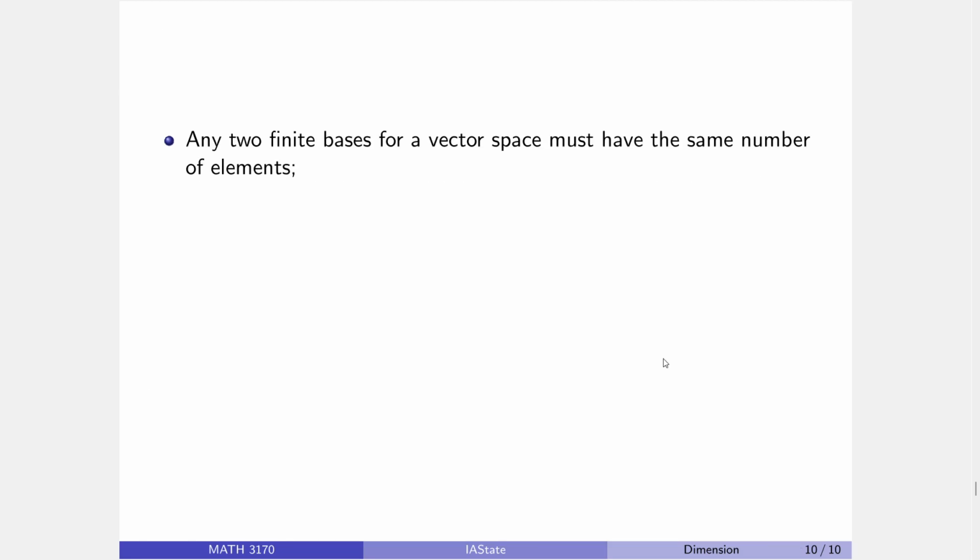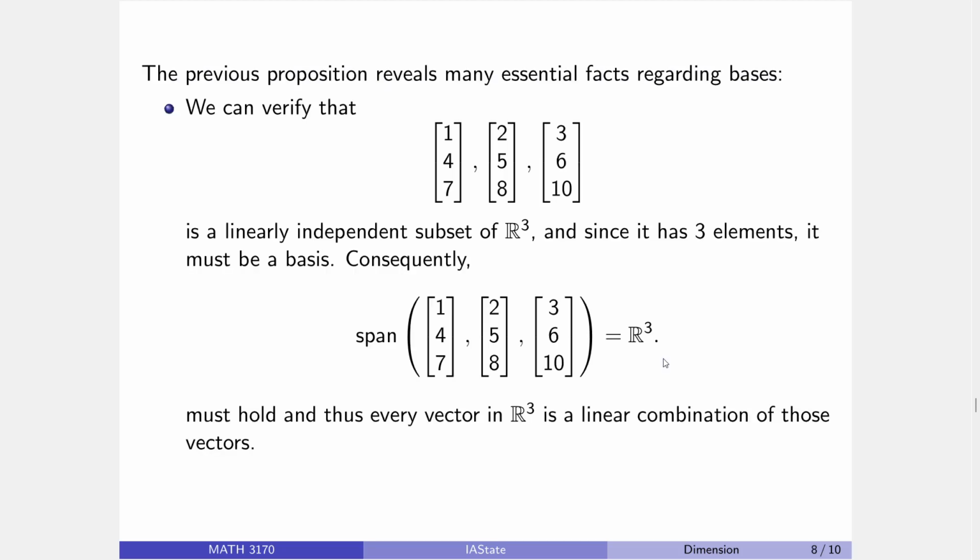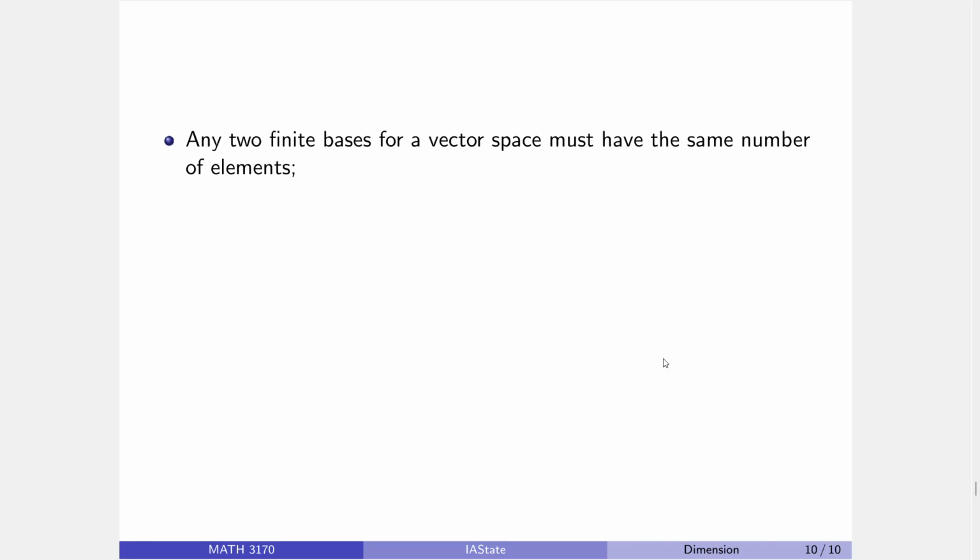And finally, as noted, the last point of the previous proposition, so not this one, but that one right there, that ensures that any two bases have the same number of elements in a finite case. It's true if you're infinite as well, but again, the proof is a little bit more wonky because you gotta allow for general subsets, and it's not any more difficult than kind of what we've been seeing.